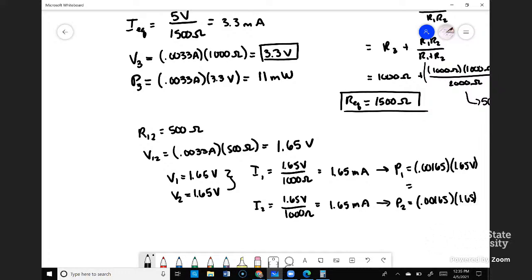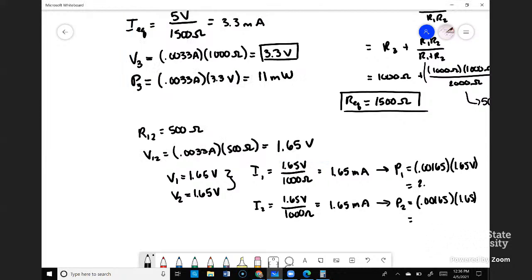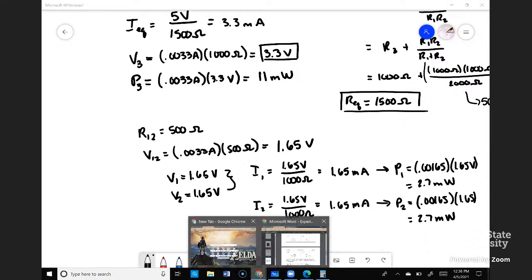So P1 and P2 are identically 2.7 milliwatts. Now we can check that with our circuit diagram. So our prediction would be that B and C are equally dim, and A is a little bit brighter than the both of them combined.